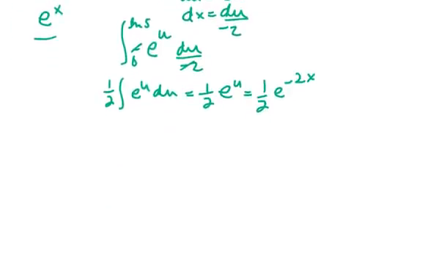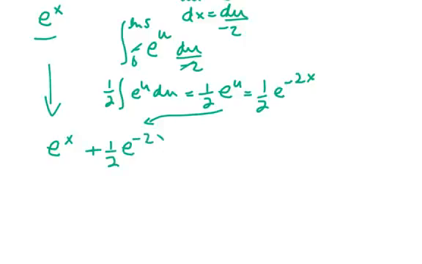Okay, so we've got antiderivatives here. We've got e to the x from this one, and 1/2 e to the negative 2x from the one on the right, and we're going to evaluate it between 0 and ln of 5.